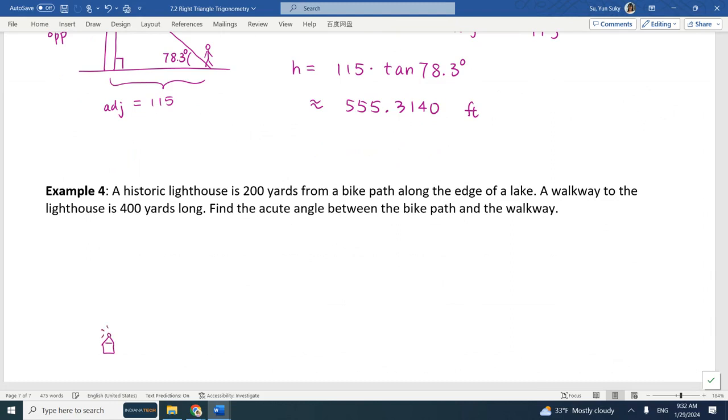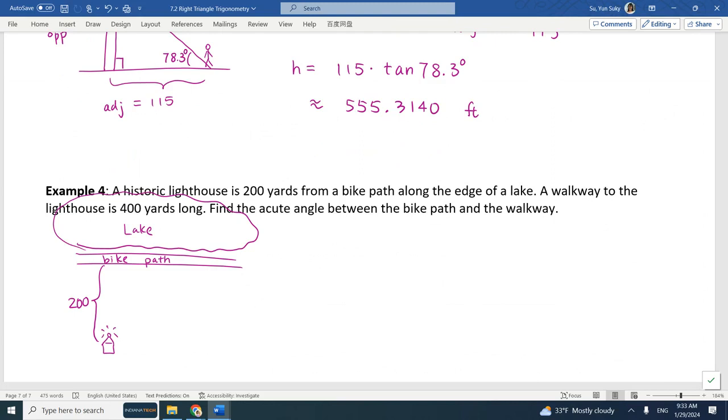It has some light there. Okay, it's 200 yards from a bike path. So this is a bike path, which is along the edge of a lake. So this is a lake. Yeah, that's the first sentence. We have a lake and a bike path, and then the lighthouse is 200 yards from it.